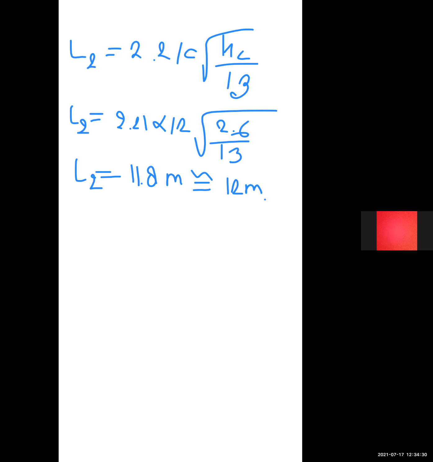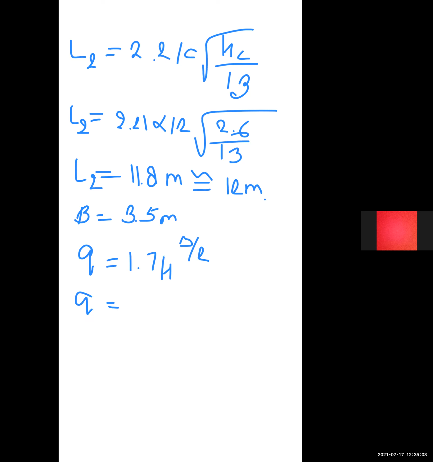And the bottom width of weir is given, that is B equal to 3.5 meter. So for provision of cutoff, let's calculate the flood discharge which is passing, that is 1.7 H^(3/2).